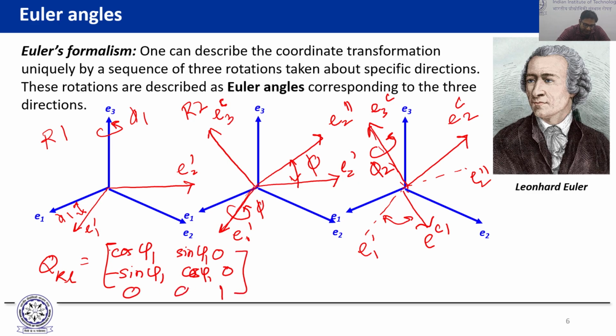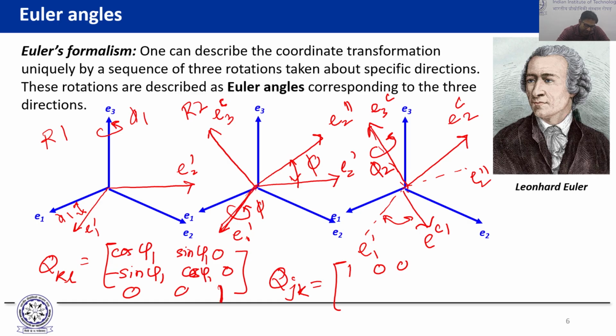Okay. The second rotation: if this was KL, then the associated transformation matrix is going to be JK, because the rotation is around E1 prime. The top row would be 1, 0, 0. As you can see, for the rotation around E3 I had 1 in this position.